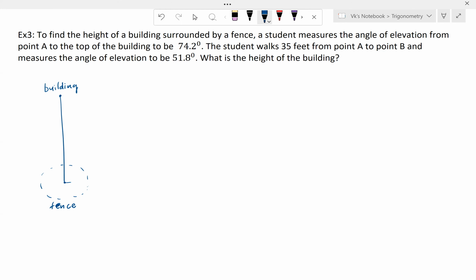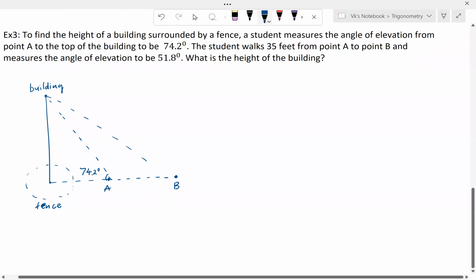The student used a point A, measured the angle of elevation to be 74.2 degrees, and walked to a point B. Measure the angle of elevation to the top of the building to be 51.8 degrees.